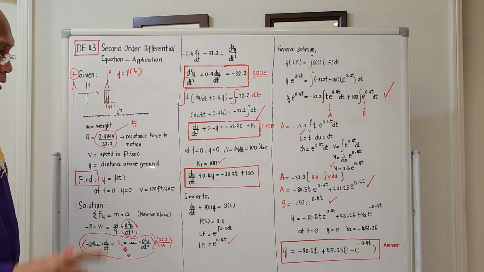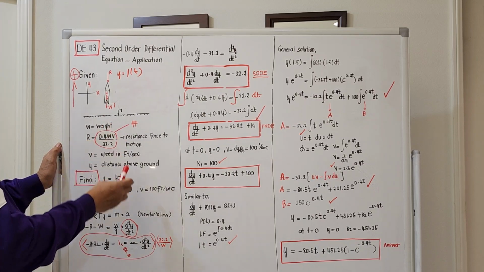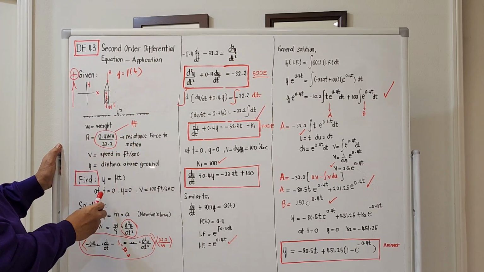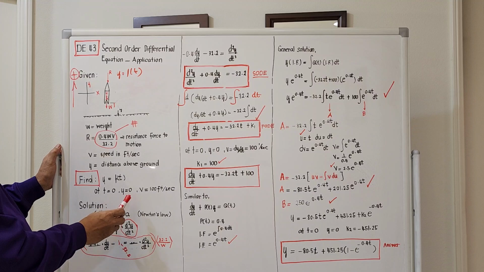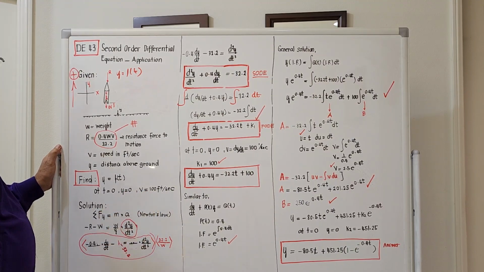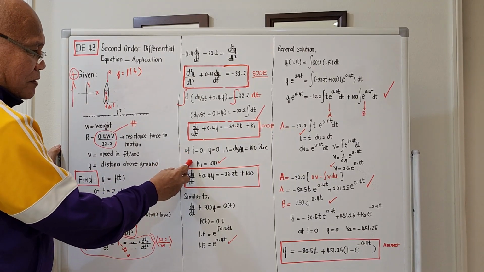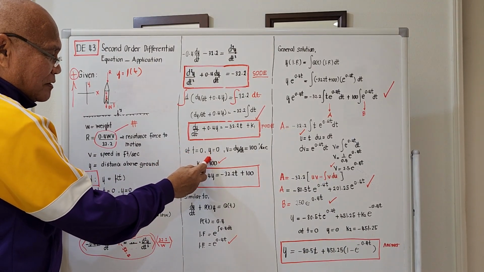Okay? Let's try to compute for the value of K1. We are given the initial condition. The problem says that at time t equal to 0, y is equal to 0, and the velocity is 100 feet per second. So at time t equal to 0, y is equal to 0.